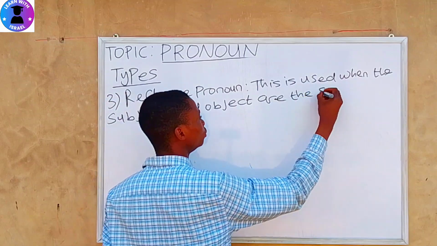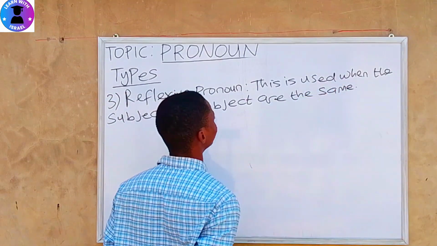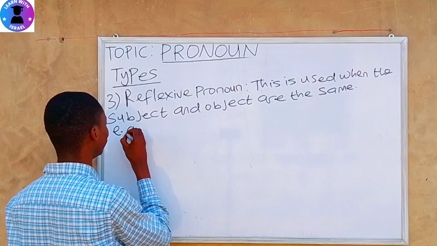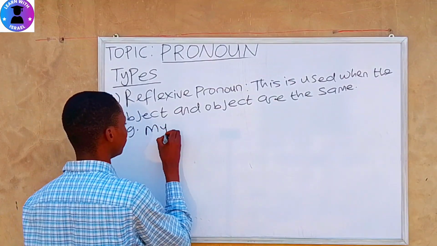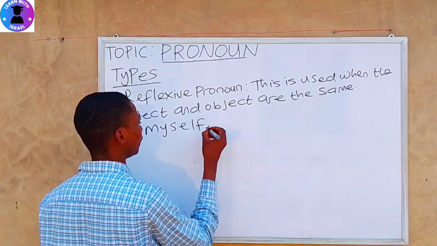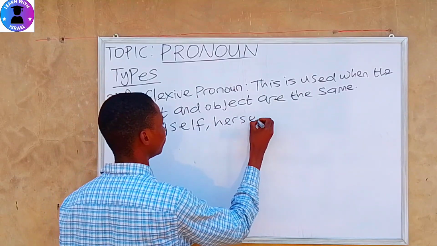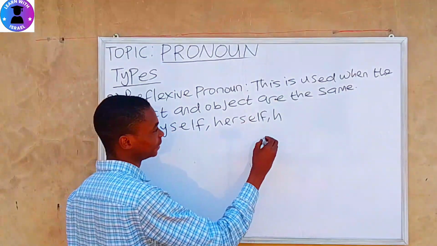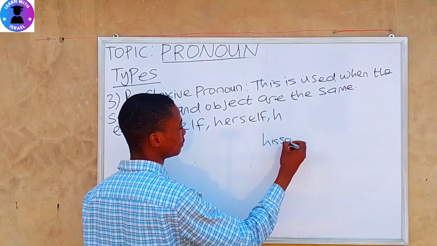So this is when you use the reflexive pronoun. Examples of reflexive pronoun include myself, herself, himself. Have you ever seen anything like hisself? No.